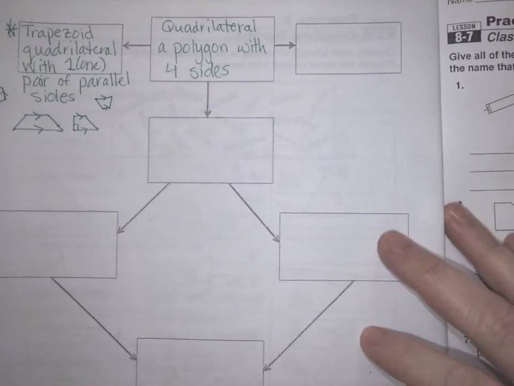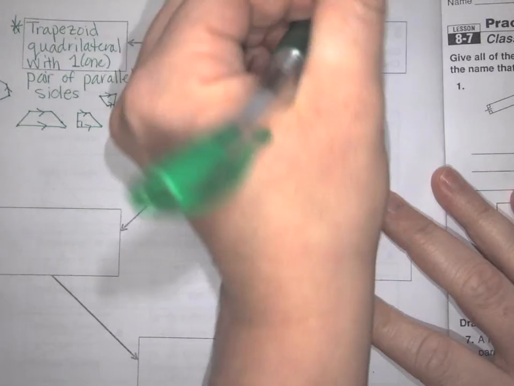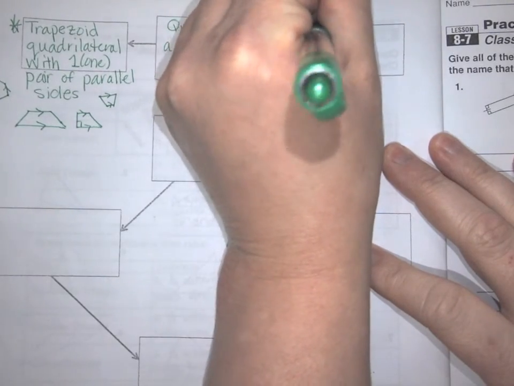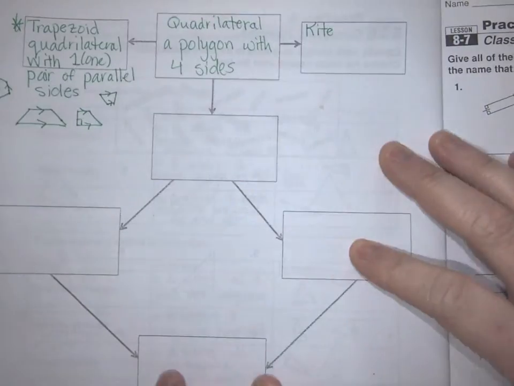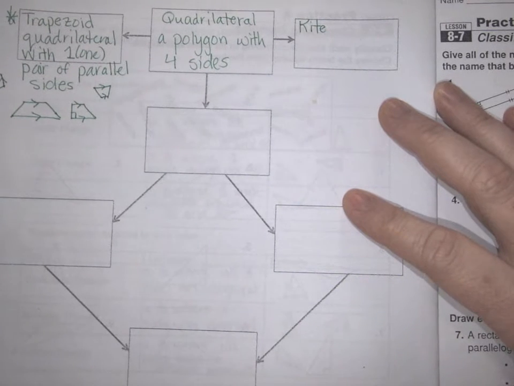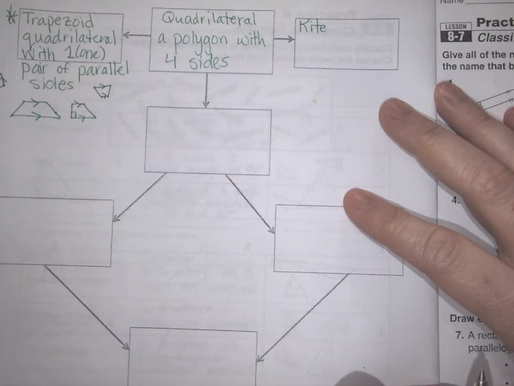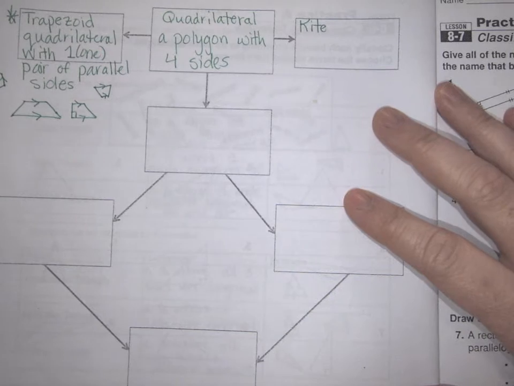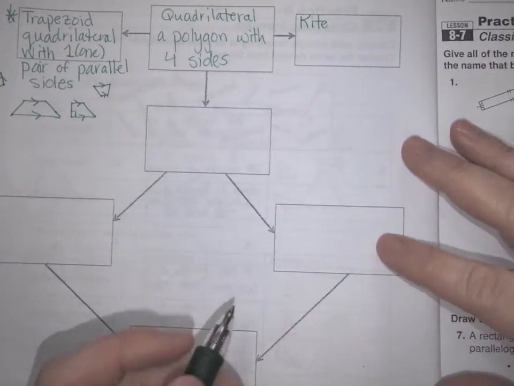All right, another quadrilateral is a kite. So a kite is the geometric name for a polygon with 2 pairs of congruent sides, none of which are parallel.